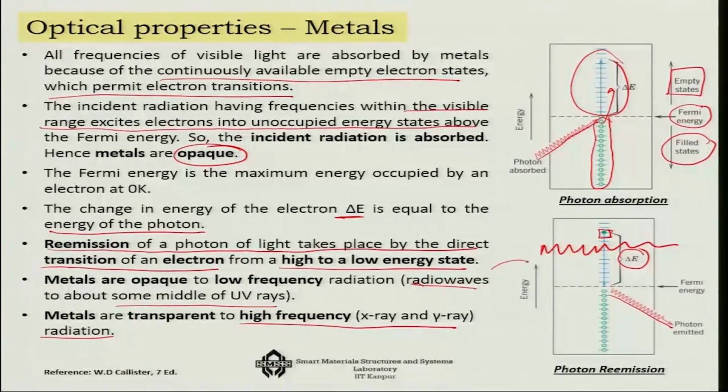But if it is of a lower frequency, then it always absorbs it, the electron goes to the high energy state, and then it emits this energy over a time scale. In fact, later on we will tell you what happens when it emits this energy back.